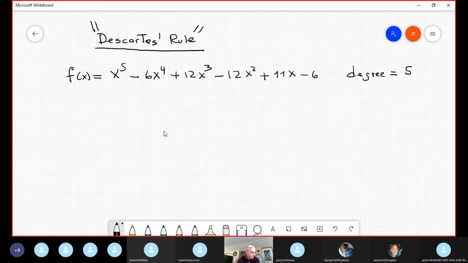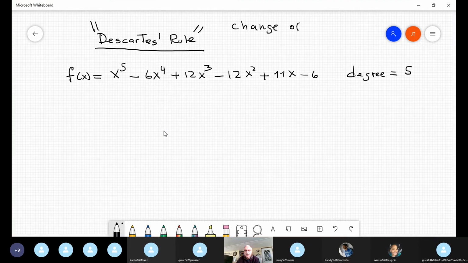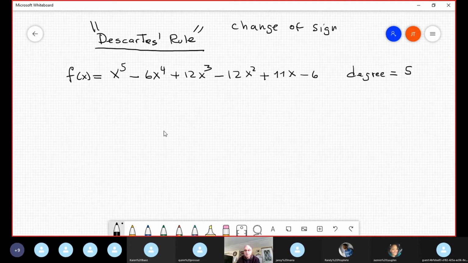Descartes rule says you count how many changes of sign we have in the polynomial. Entonces I recommend this way to indicate the change of sign. This is positive and this is negative. One change of sign. Do you see?